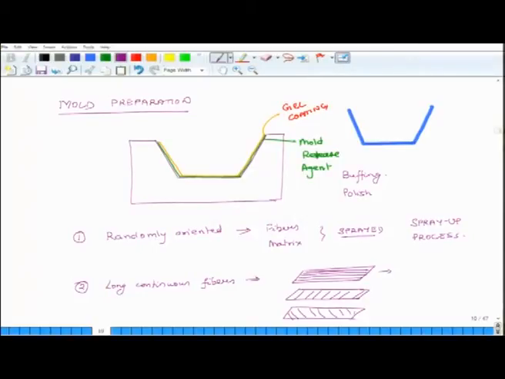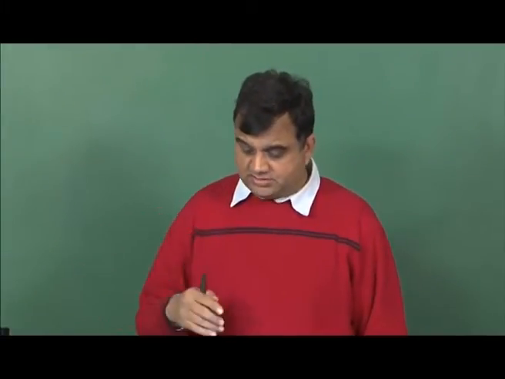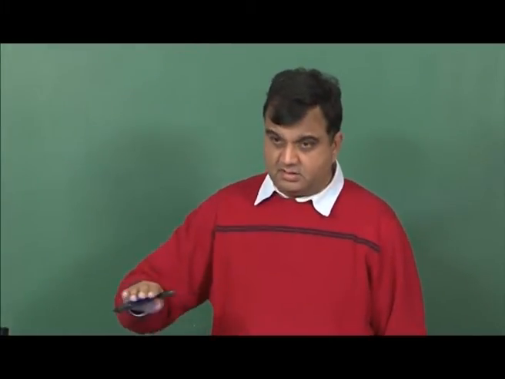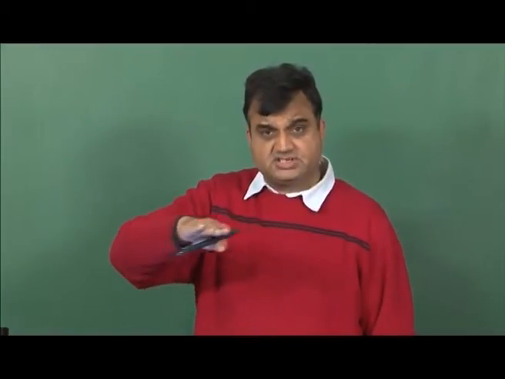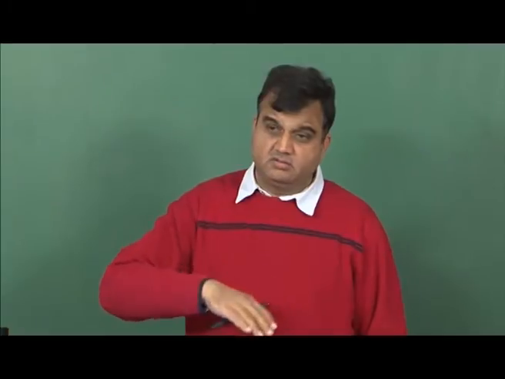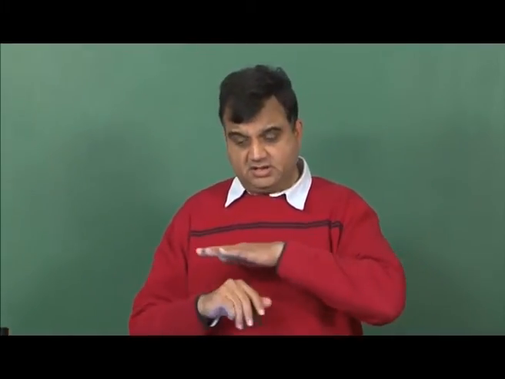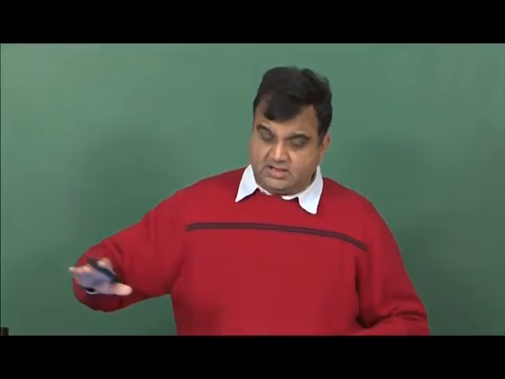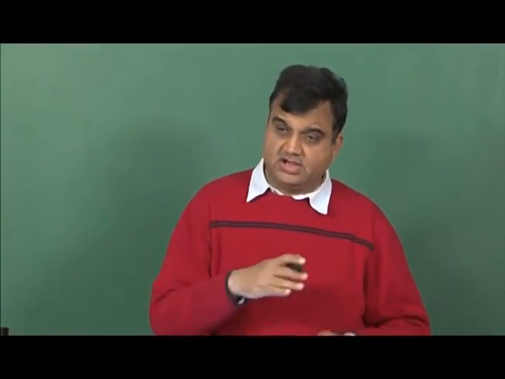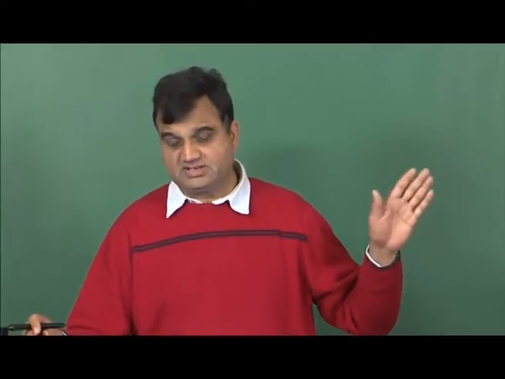So what do you do here? You put the first layer of fibers in the required orientation, and that is done by hand. And then once you have deposited the first layer of fibers, then you spray matrix material, and then once you have placed the matrix material, you roll the entire surface with some roller, so that extra matrix material gets squished off and also the air bubbles get squished off.